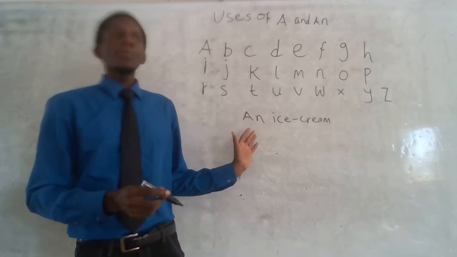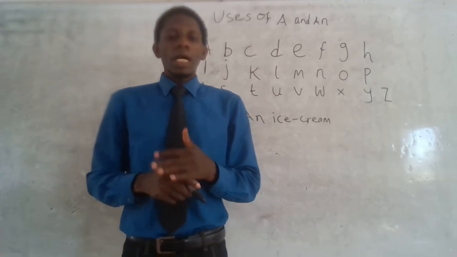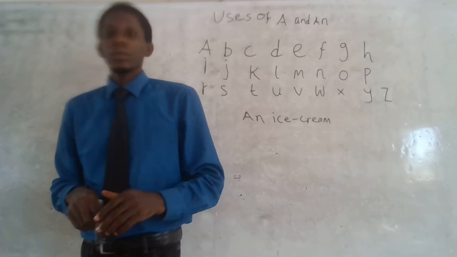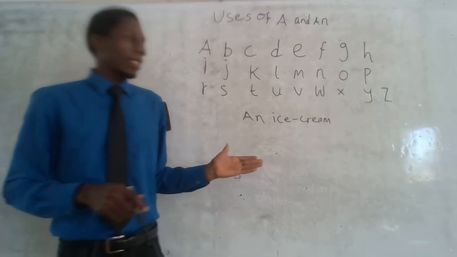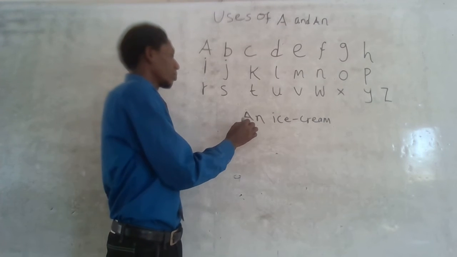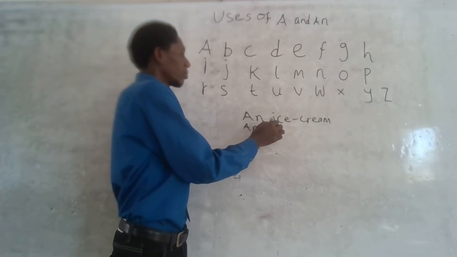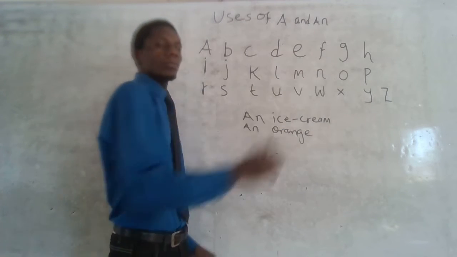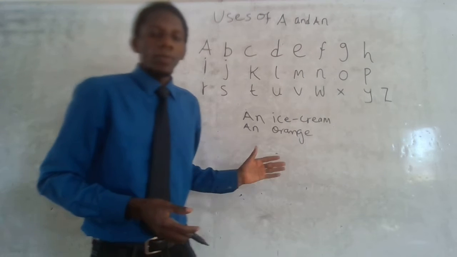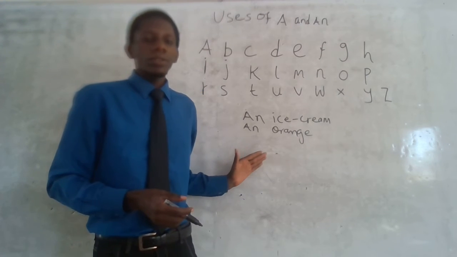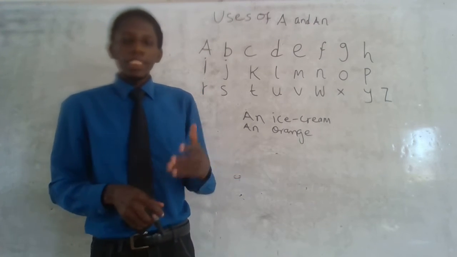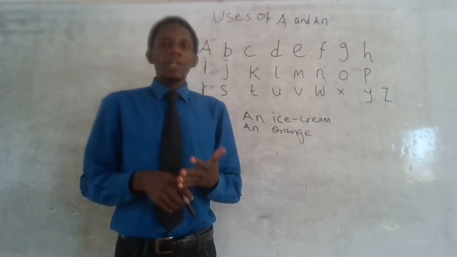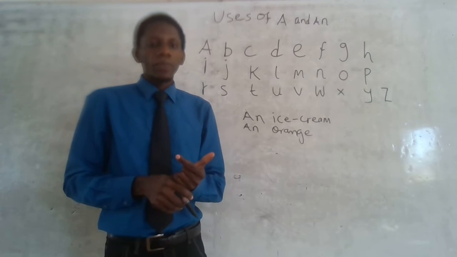I can also say an orange. All right. So we can use an when the first letter of a word is a vowel.